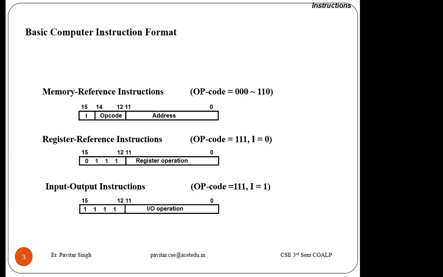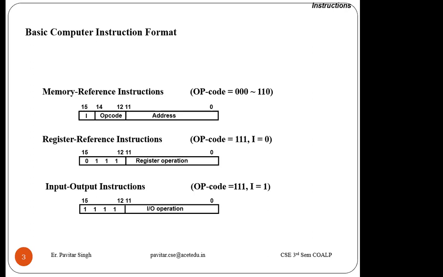Your operation code's value varies from 000 to 110, that is from 0 to 6.